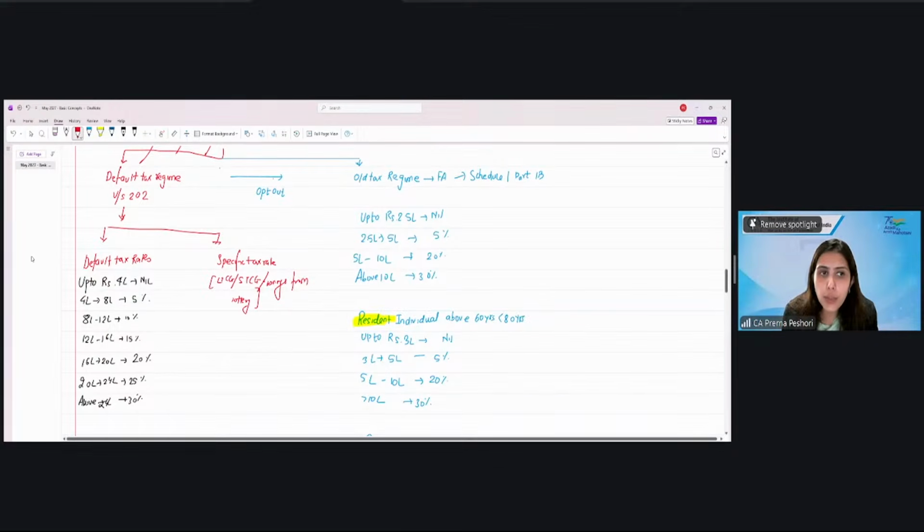How much will be the tax liability? 20,000 for this, 40,000 under this, which is 60,000, and then you will have 15%.